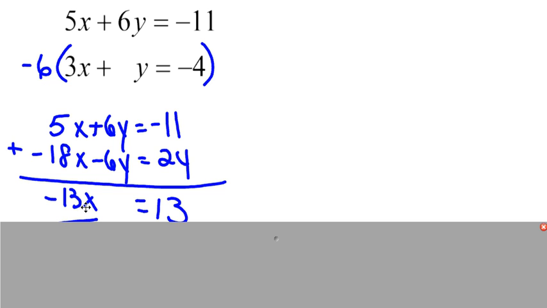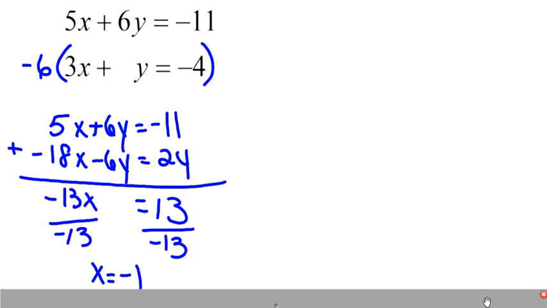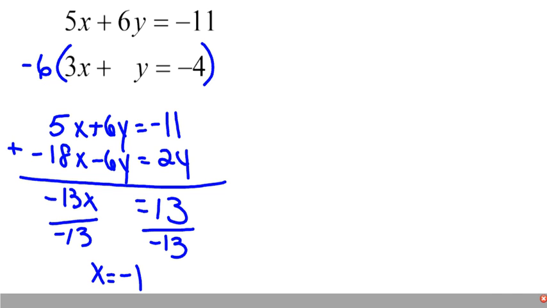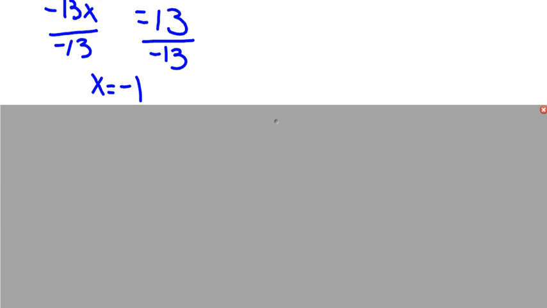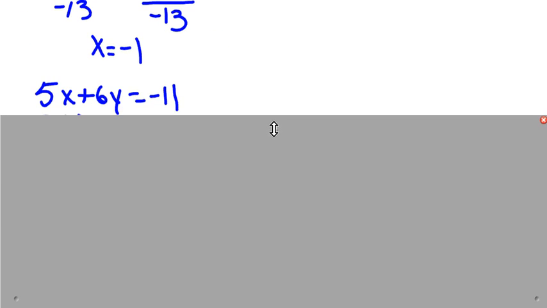These are being multiplied together, so to undo that, I could divide each side by negative 13. So I'd have x equals negative 1. Now that I have the value for x, I can substitute it into either of my equations and solve for y. So we just need to pick an equation to do so. Well, let's go with the first equation. 5x plus 6y equals negative 11.